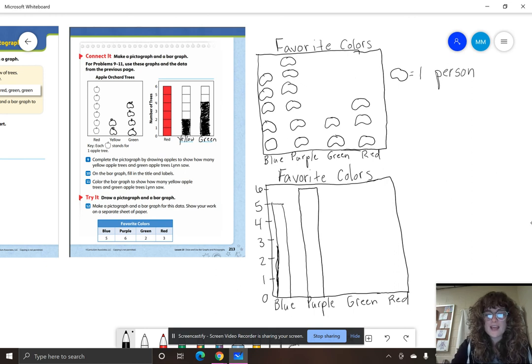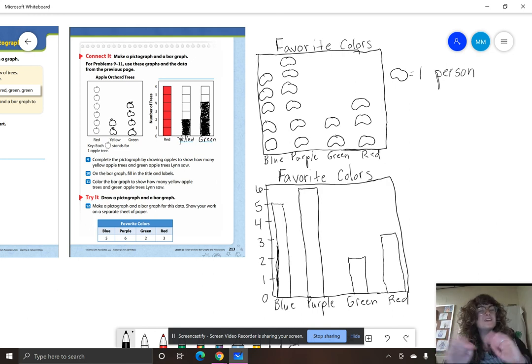So above green, I'm going to make sure that it lines up with that 2. Perfect. Come across and go down. And for red, how many people chose red? 3. So above the red, I'm going to start at the 0, draw my line up, make sure it lines up with 3. Perfect. Go across and go down.